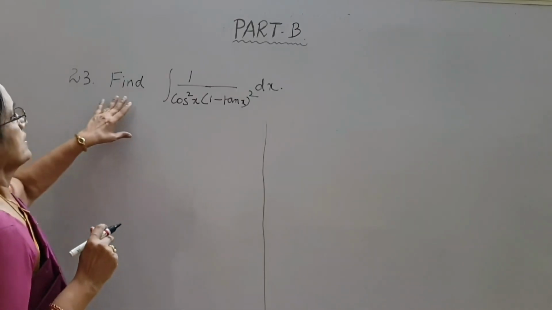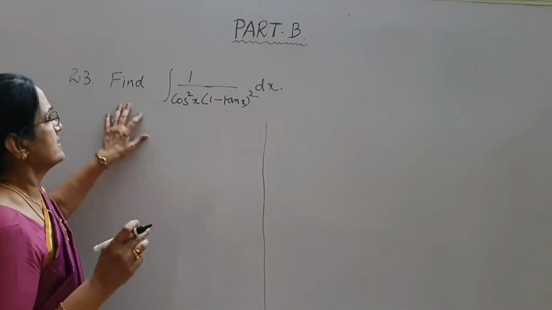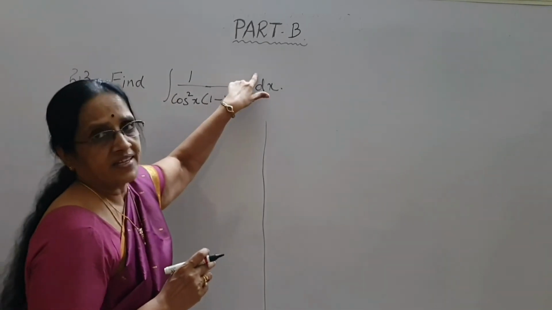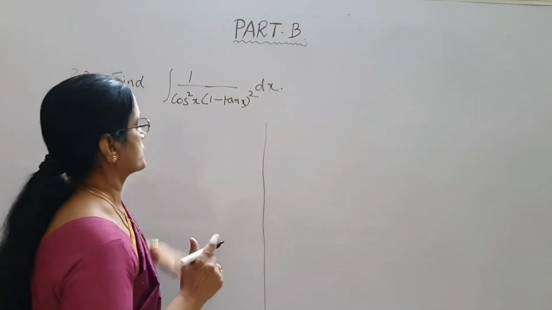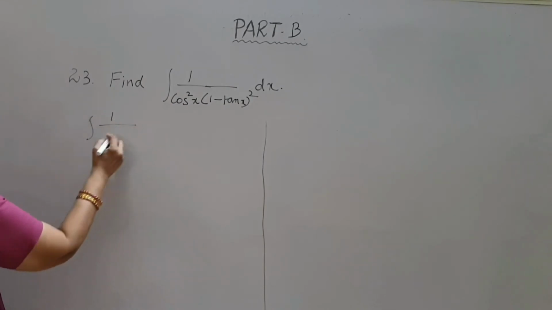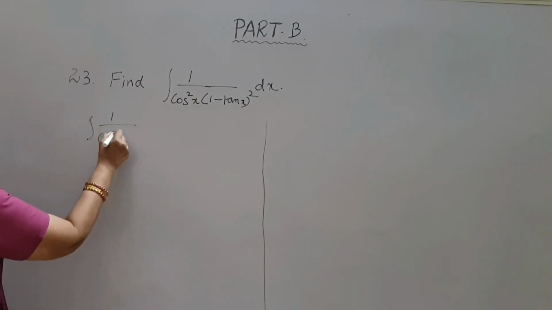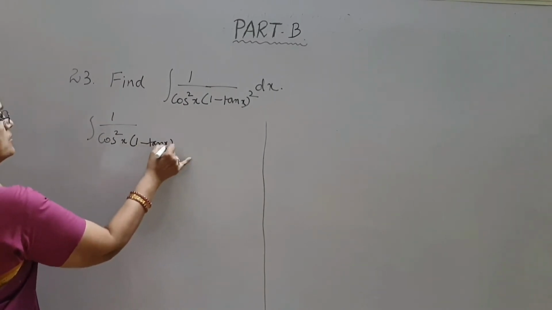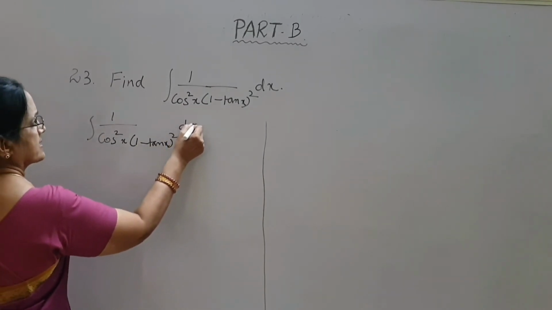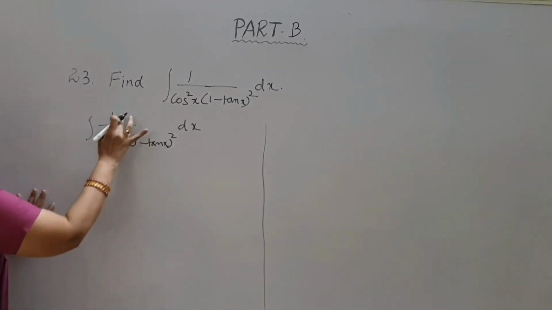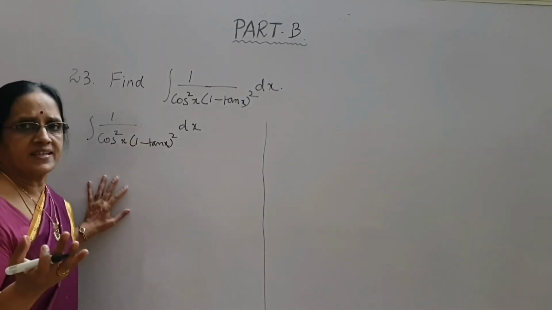Now, here you need to integrate 1 by cos square x into 1 minus tan x the whole square dx. It's a very straight question. Now, you know that 1 by cos x is nothing but secant x.